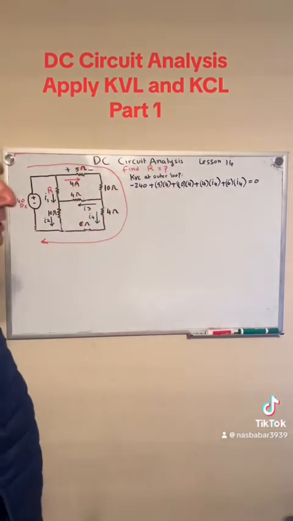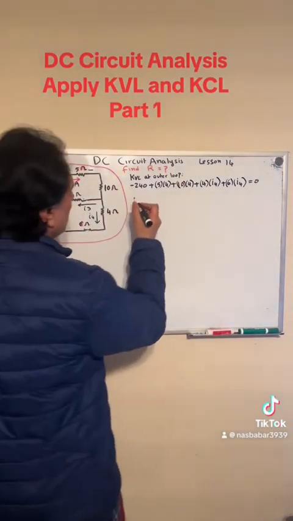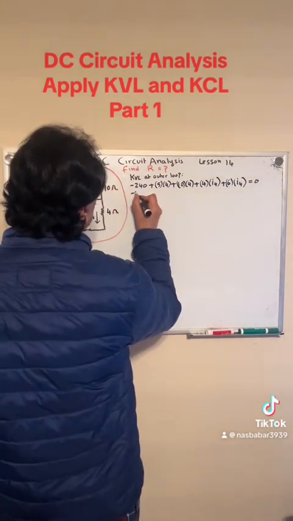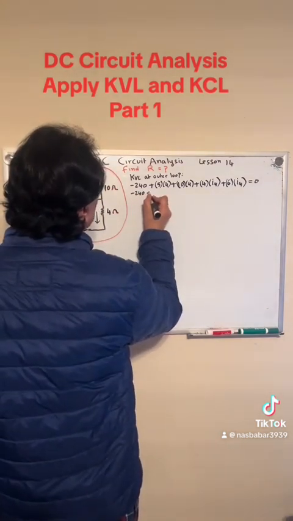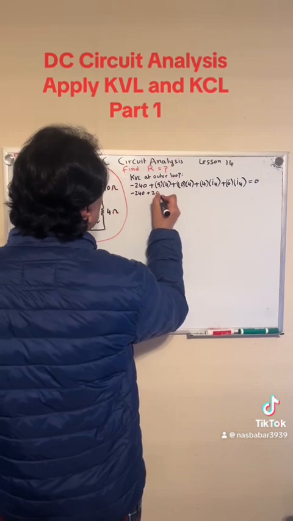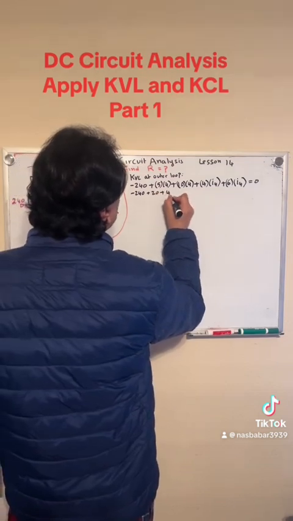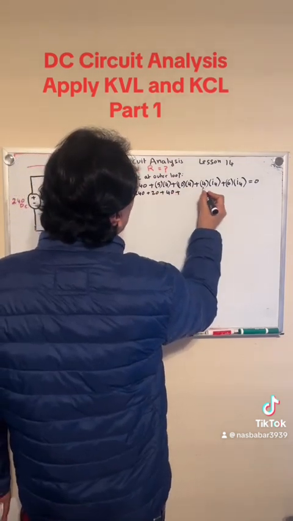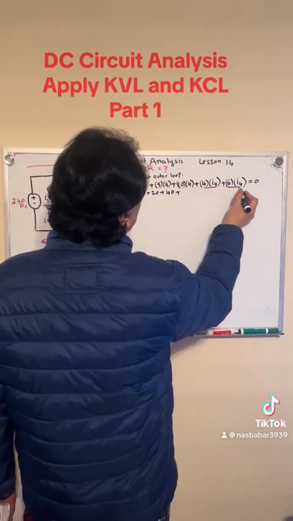Oh, that's a long one, huh? Let's see if we can open it up. Minus 240 plus 5 fours are 20, plus 10 fours are 40, plus 4 I4 plus 6 I4.